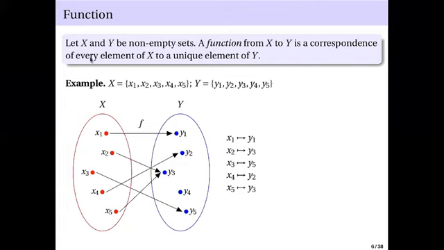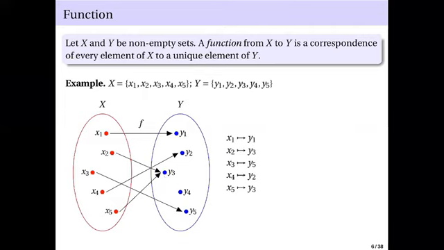Okay? So, correspondence of every element of x. From x1 until x5, each element of the set x corresponds to a unique element of y. So your x1 is uniquely mapped to y1. Your x2 is uniquely mapped to y3. x3 is uniquely mapped to y5. x4 is uniquely mapped to y2. x5 is uniquely mapped to y3.